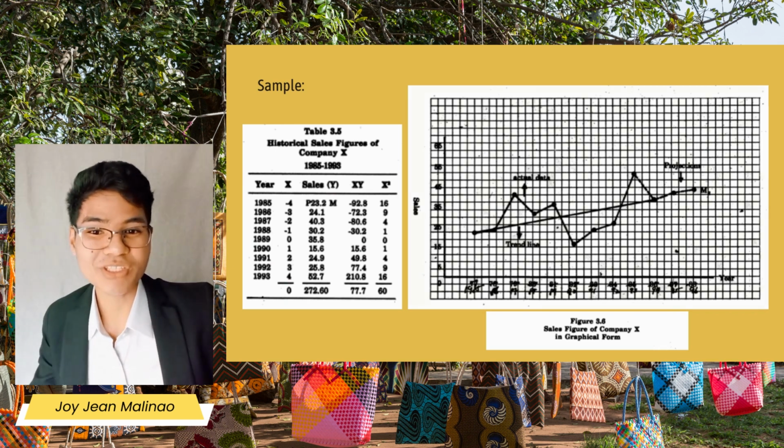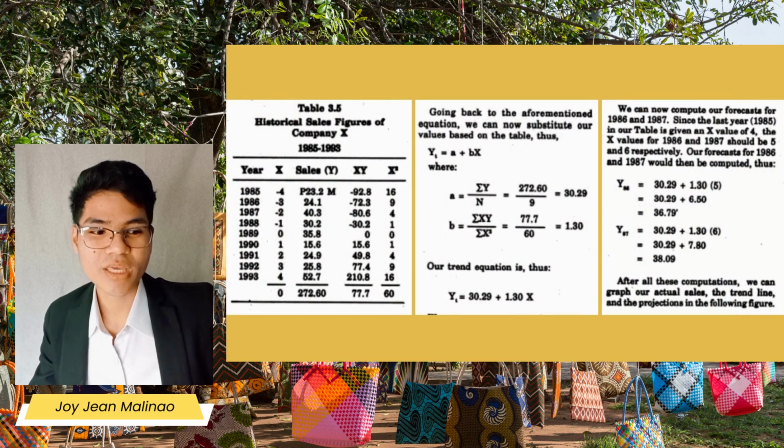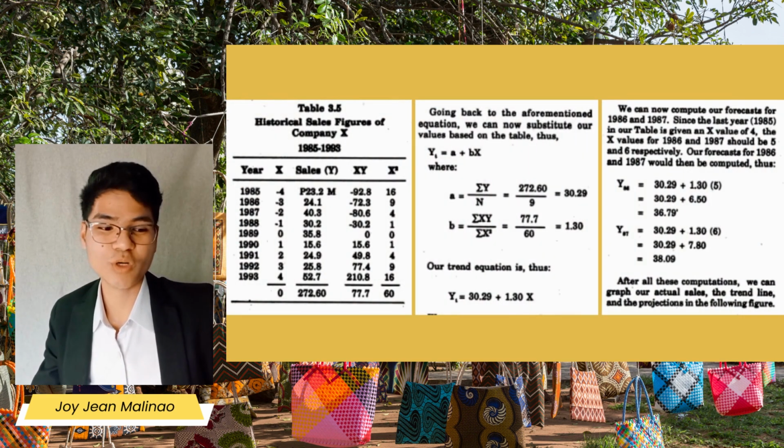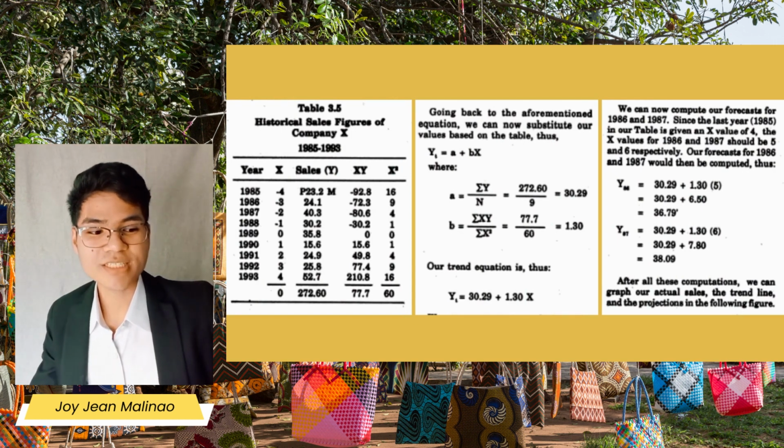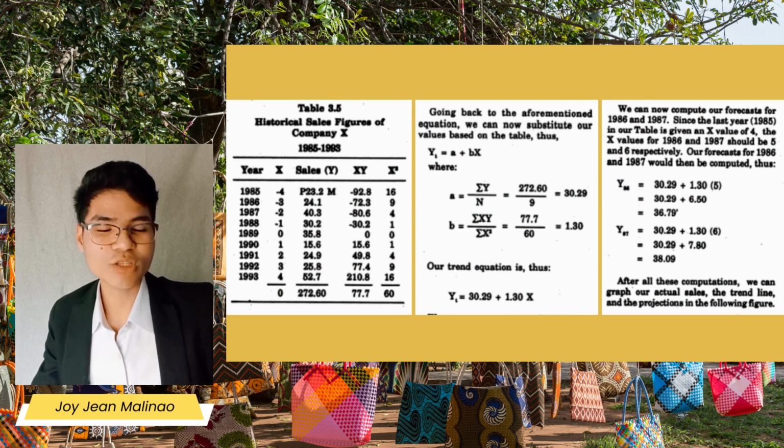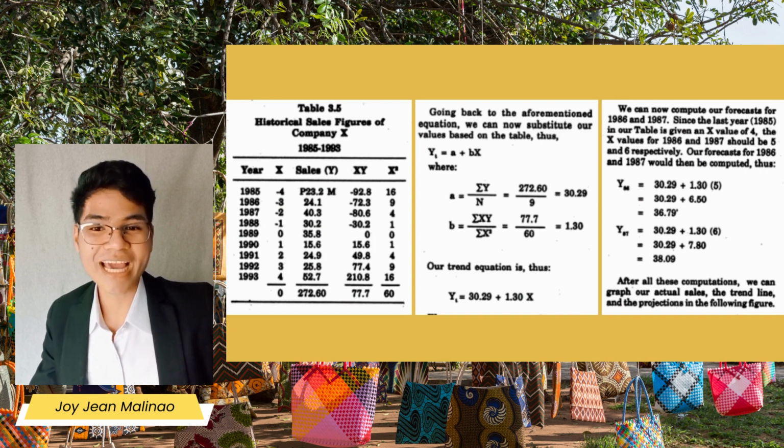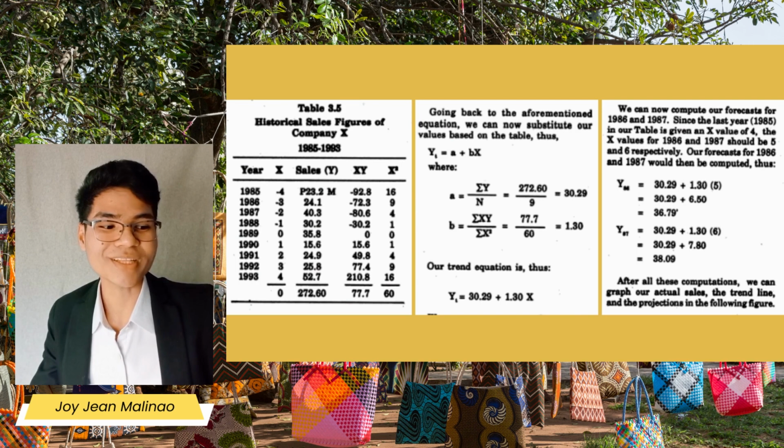Again, our equation is Y1 equals A plus BX, where A equals summation Y over N, and equals 272.60. 272.60 is the total sales in 1985 to 1993 over 9, the total number of years, and the result will be 30.29.